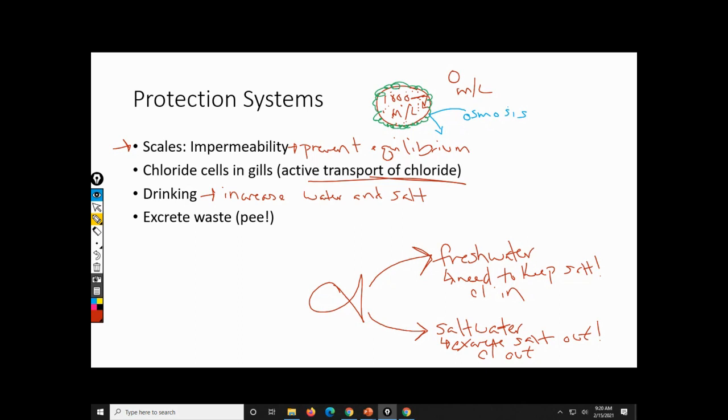The counterbalance of that is once you put it in your body, it has to come back out. So we need to excrete it. And generally in this case, we're talking about pee, which is the main way that we're getting rid of water and salt in a balanced way. We're going to spend a little bit of time talking about this.